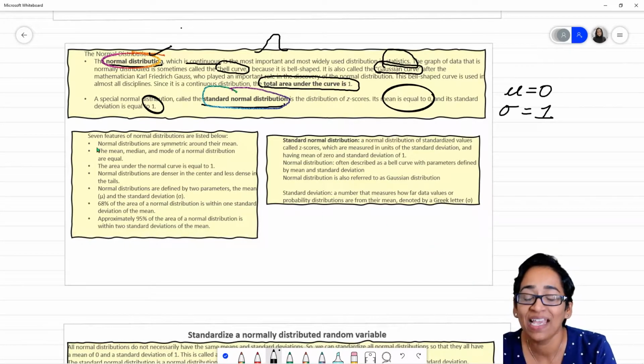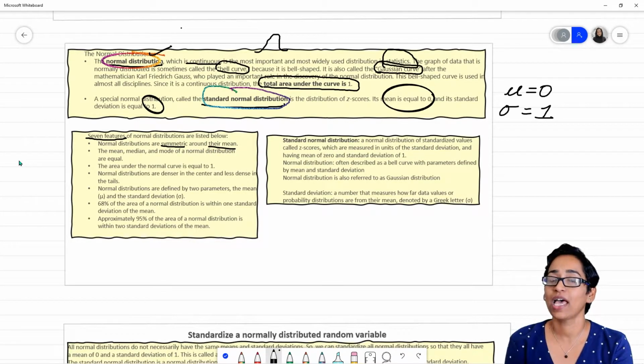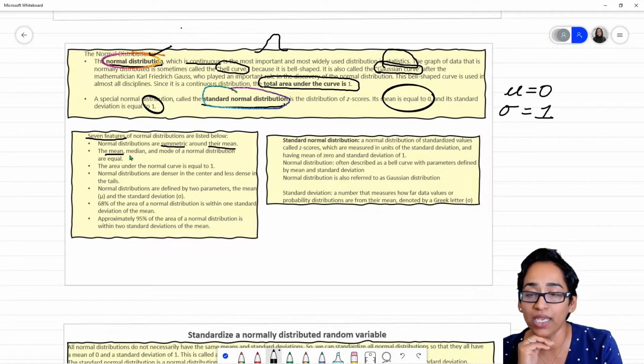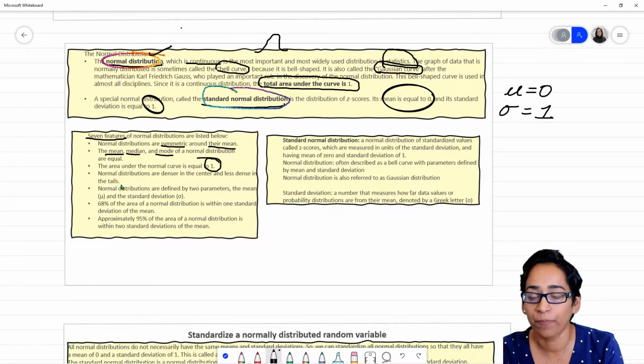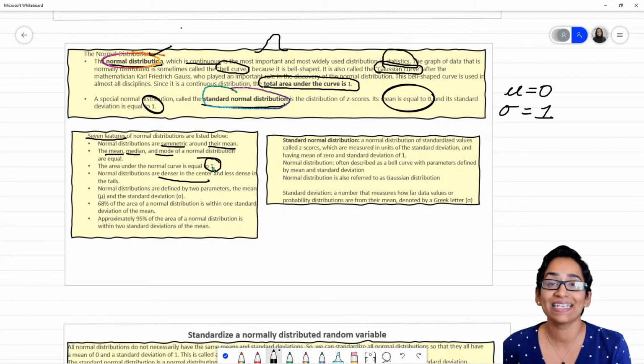All right, let's look at the 7 features of normal distribution. Most importantly, it's symmetric around its mean. That means when I cut that in half, it's exactly equal on both sides. The mean is equal to the median is equal to the mode. Total area under the curve is 1. It's denser in the center and less dense in the tails.